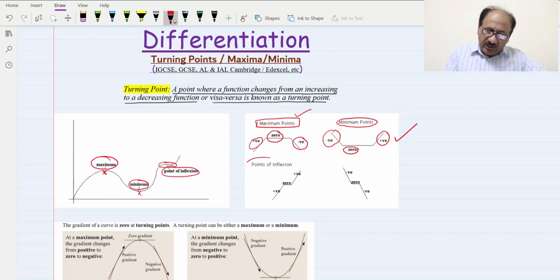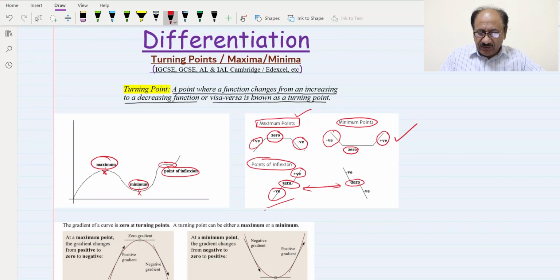Then points of inflection also have zero gradients. This one is zero, this one also zero. These are points of inflection. Before a point of inflection, the gradient can be positive, and after also it can be positive.